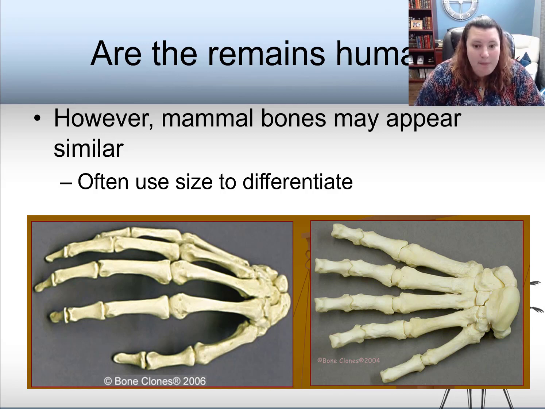For example, the hand bones of a human and a bear are very close to one another. You can see a lot of similarities in the shapes of both on the slide. However, forensic anthropologists are trained to identify the unique characteristics of human bones, so they can be a really useful resource for investigators.